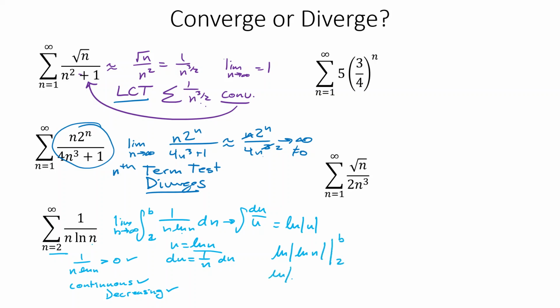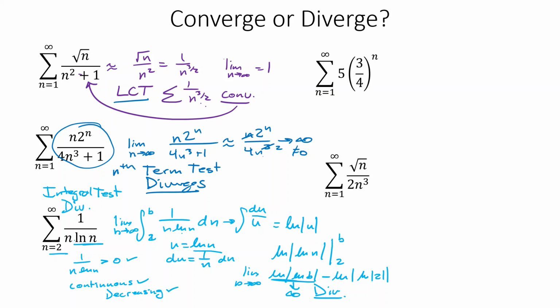So this is the natural log of the natural log of b minus the natural log of the natural log of 2 as we go to infinity. Sorry, I left out an extra natural log here. Don't actually need all the absolute value bars, but whatever. So this guy is going to go to infinity, which means that integral diverges, which means this guy diverges by the integral test.